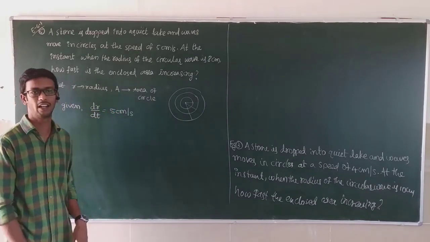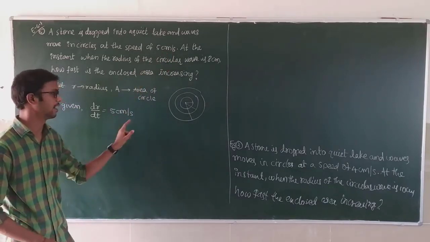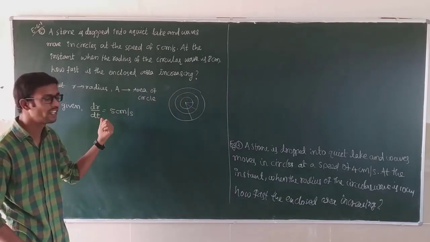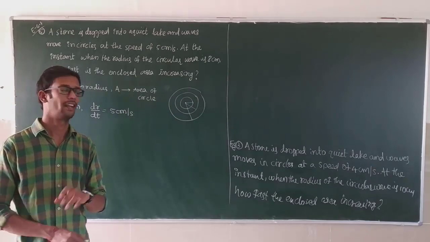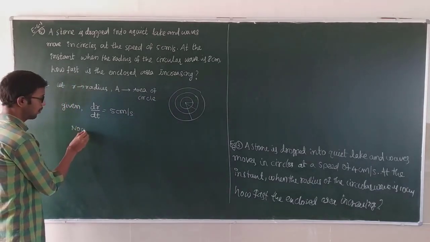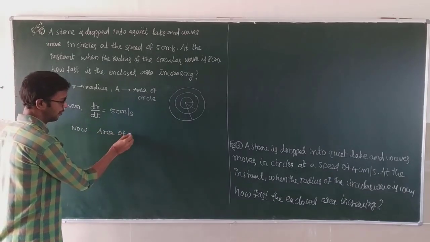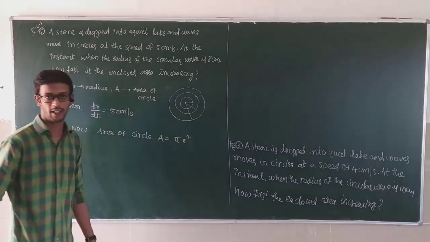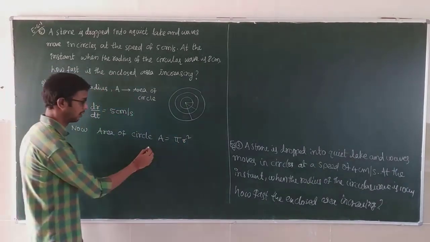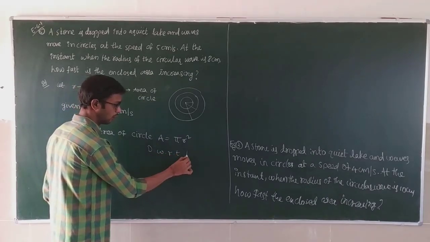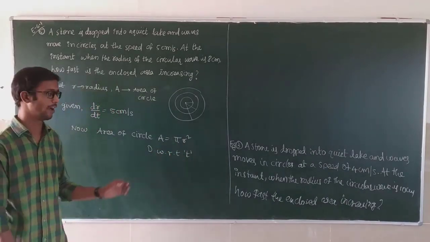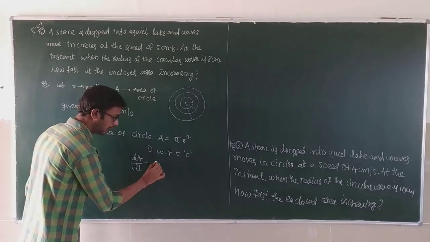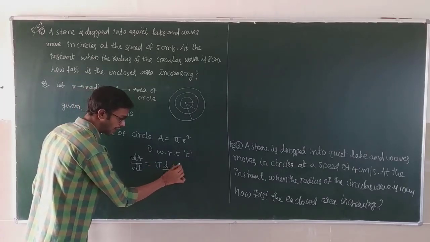Why am I writing t here? Per second, so 5 centimeter per second. Circle is increasing means radius is increasing. The change in radius is 5 centimeter per second. Now, area of circle capital A is equal to pi r square. Differentiate with respect to time variable t. dA by dt is equal to pi into d by dt of r square.